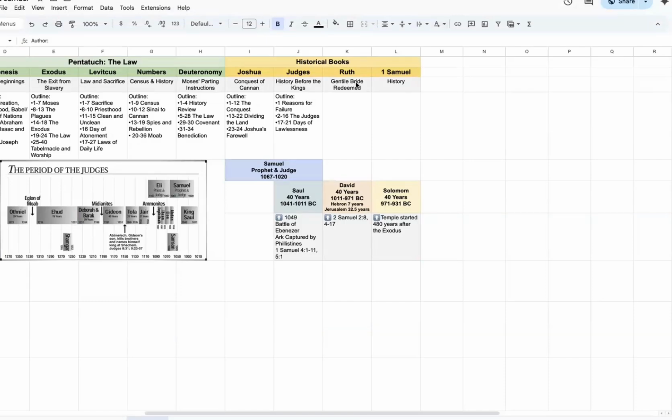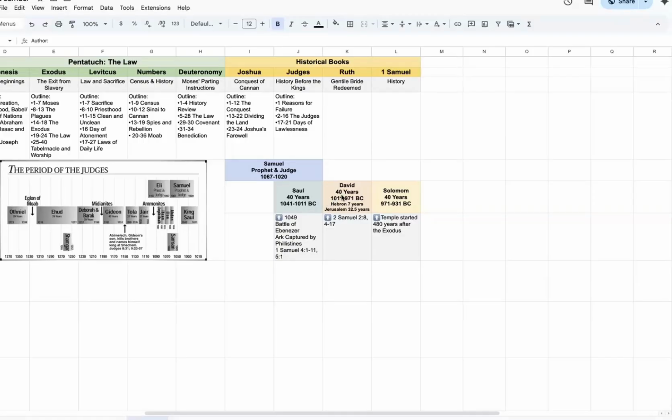So we set context with, we moved out of the period of the judges to the period of the kings with 1 Samuel. And so whenever we hit 2 Samuel, we've also moved out of the period of Saul being king. So Saul was king for 40 years, from 1041 BC to 1001 BC.